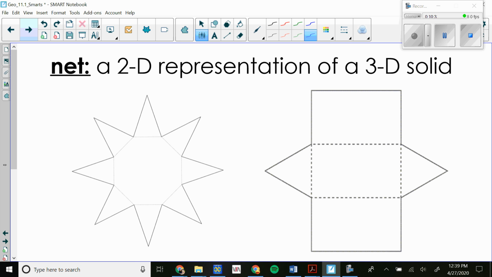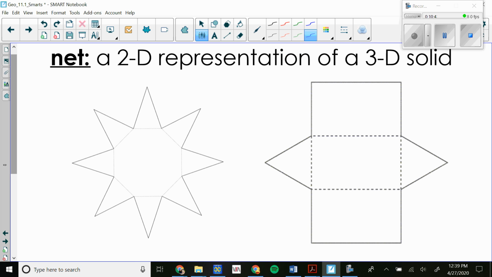Here it says a 2D representation of a 3D solid. These are called nets. So basically, if you were to fold this all back together, you would get a solid shape. Okay, so think about if I were to take this point and bring it to the middle, each one, right, what shape would this be? On the bottom, the base, there's 1, 2, 3, 4, 5, 6, 7, 8 sides.